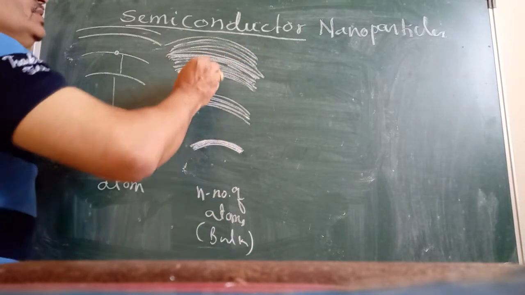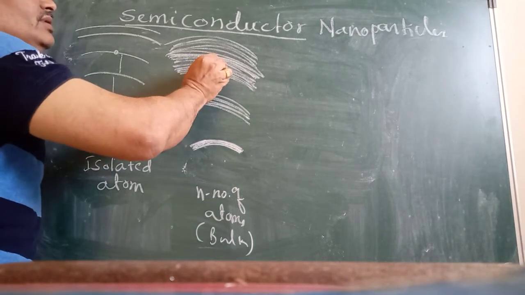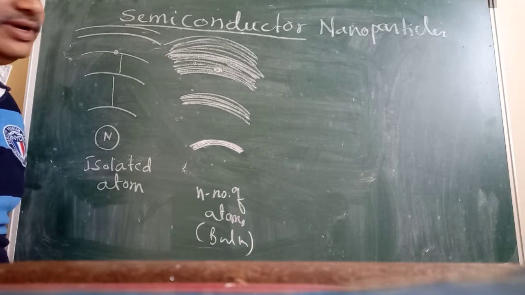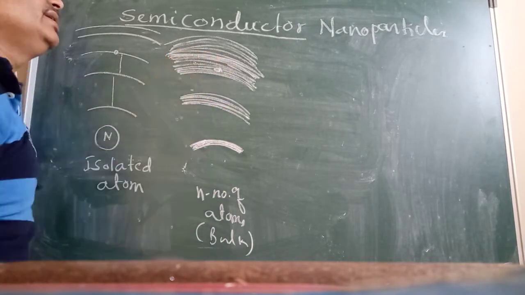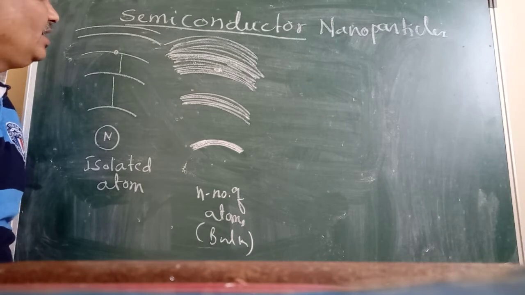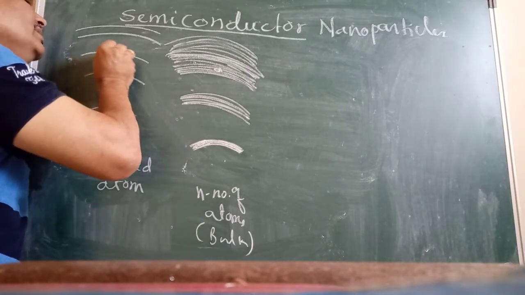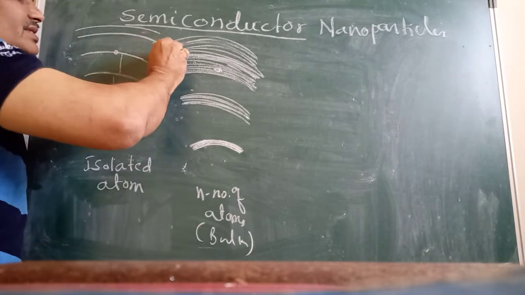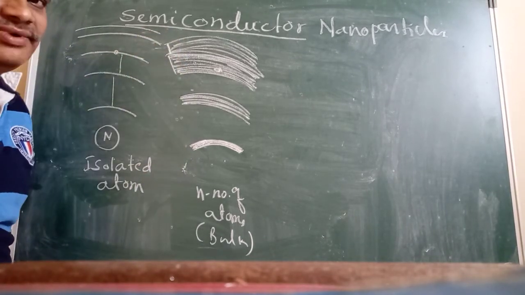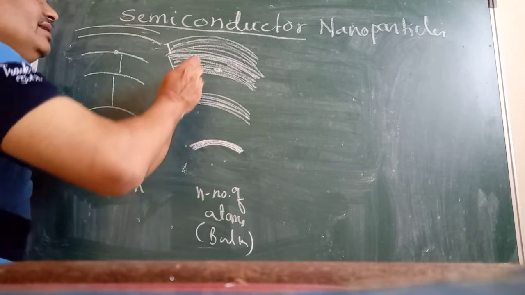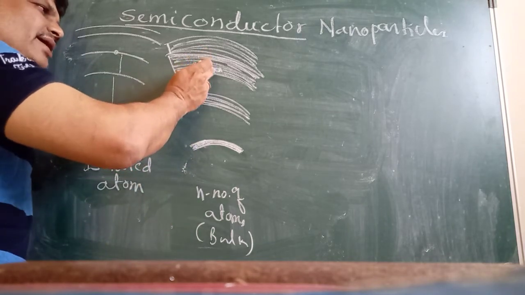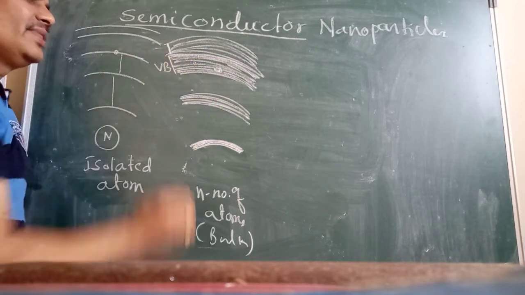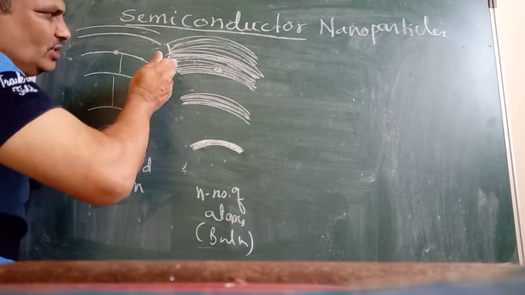These electrons become free to move anywhere, and these electrons are called free electrons. From this energy level a band will form, and from this energy level another band will form. The topmost band which contains electrons is the valence band.